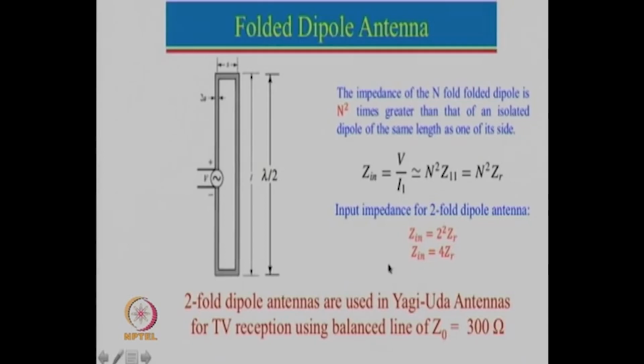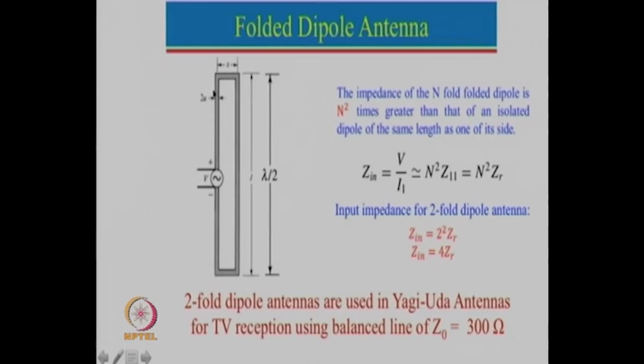Now here we can also do a few additional things. Instead of just increasing by 4 times, suppose we need to increase by slightly more than 4 times, then the trick is to use this diameter slightly less than this diameter. We know that if the diameter is small, then the impedance will be large.